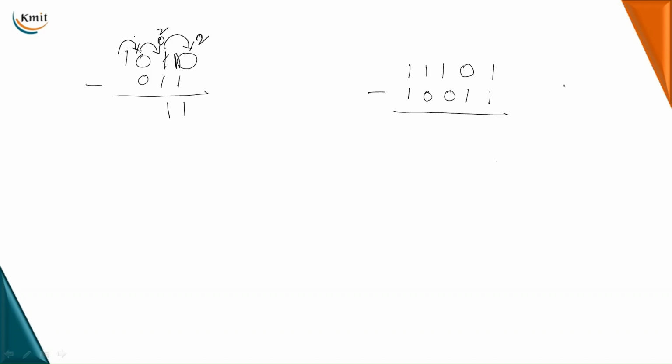When I am borrowing it from this side, here I get a 2 and here I get a 1. So 1 minus 0, it becomes 1, and now this will become 0. So it becomes 0, 1, 1, 1.